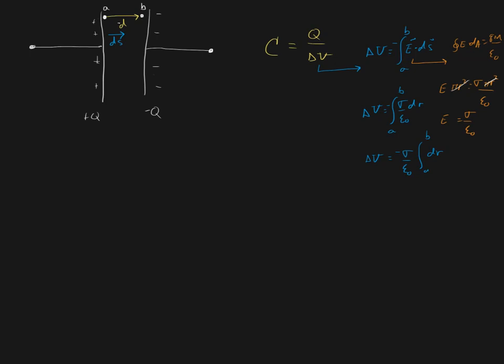We've already defined a variable for this, a length d. So what we end up with is delta V is equal to minus sigma over epsilon naught times d.